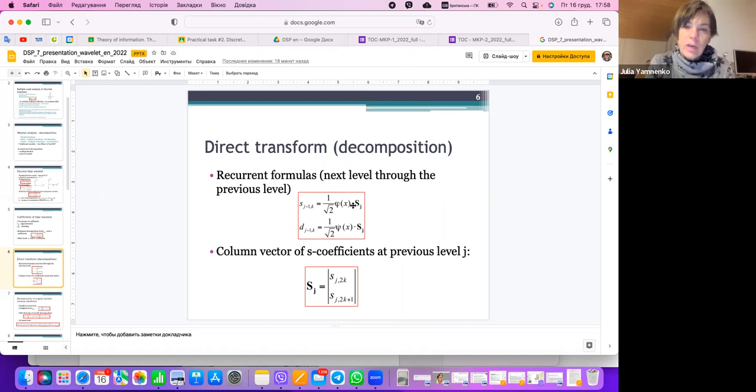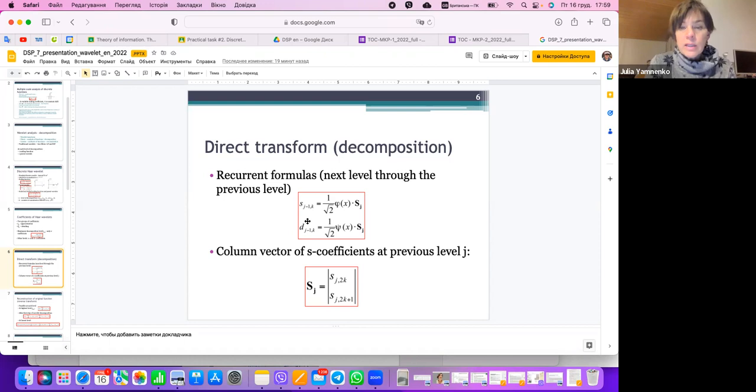Here we can see in the right part of these two equations, we have the same S_j. This S_j is like a column vector. You can see it here a little bit below. And this column vector contains the S coefficients, just a pair of S coefficients, two of them, from level J, S with the lower index J. And in the left part of these two formulas, we have S or D with the lower index J minus 1.